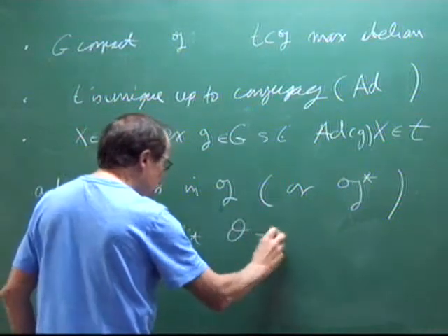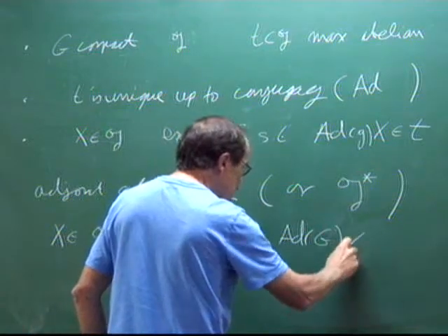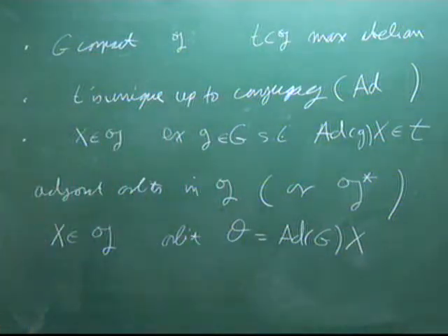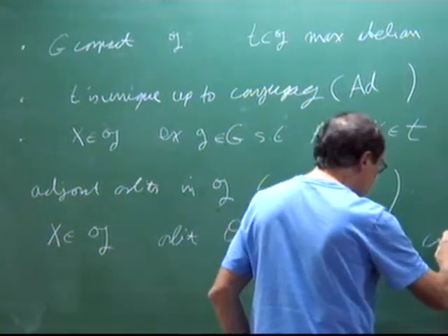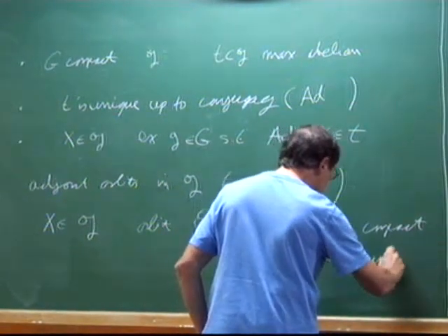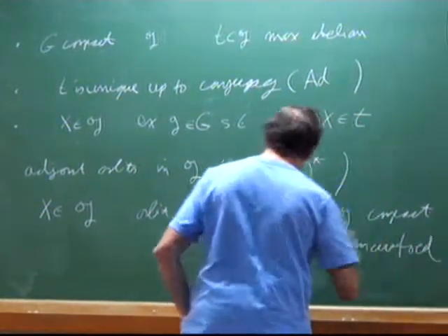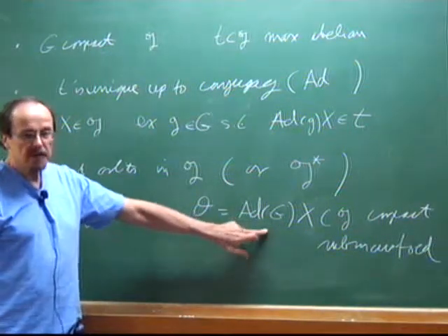Let me call it O, which is the conjugates Ad_g times X. So this is a submanifold inside the Lie algebra, a compact submanifold. Of course, it's homogeneous by definition, right? I have this group acting on it.